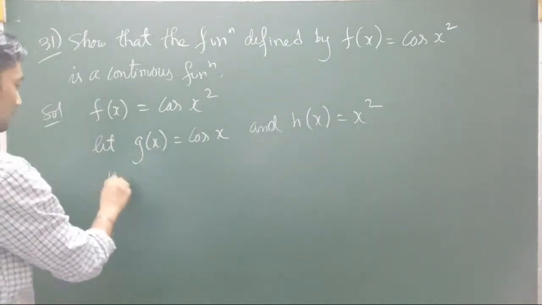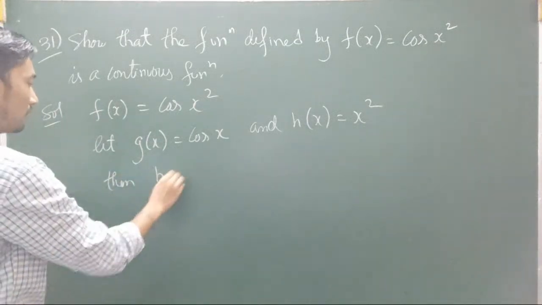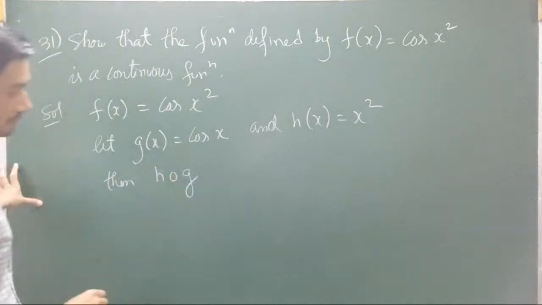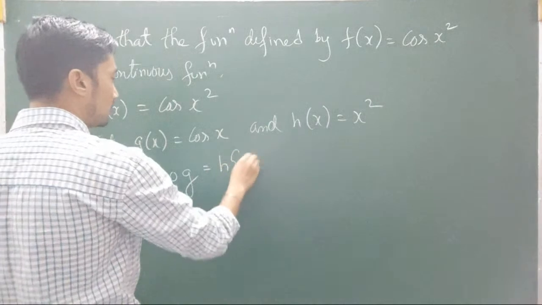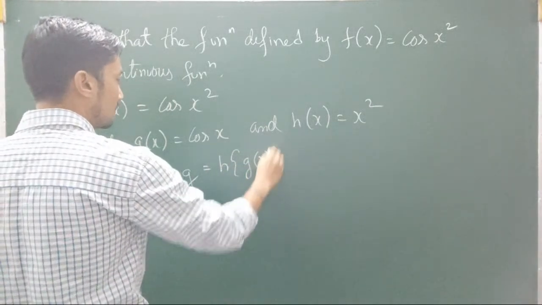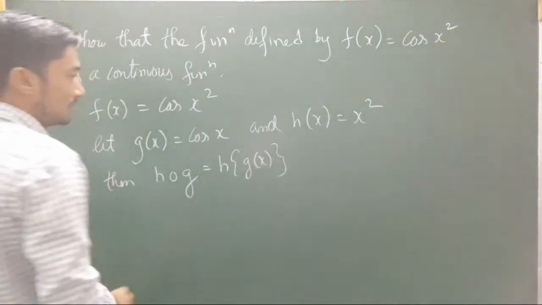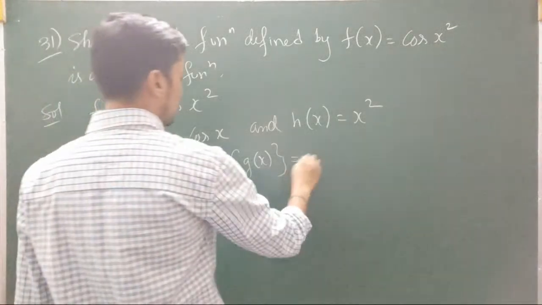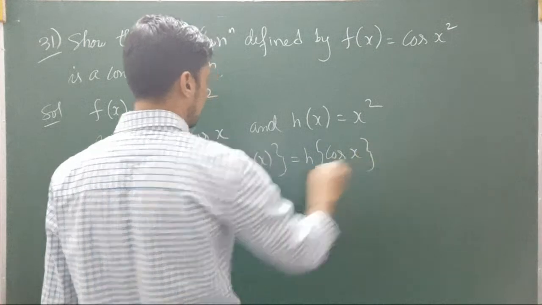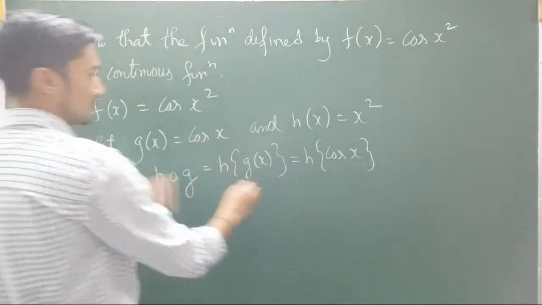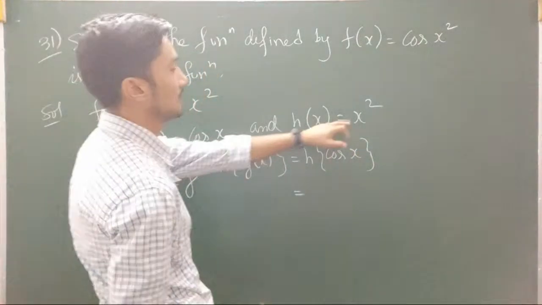Then what will happen with h on g? That will be h of the function g. You can try it both ways. So that will be h of cos x, because the function g is cos x. Now what is the function h? That is x squared.